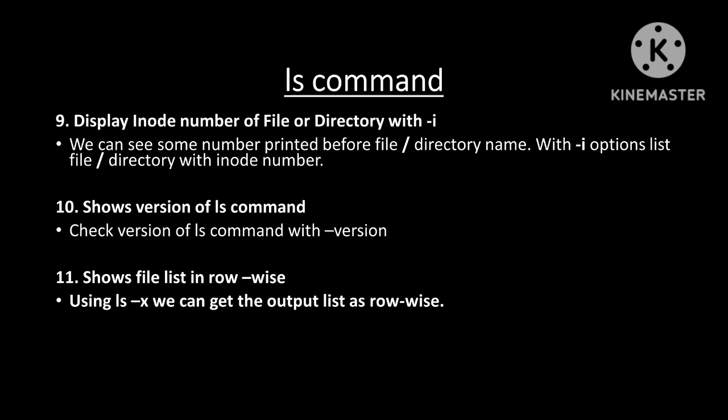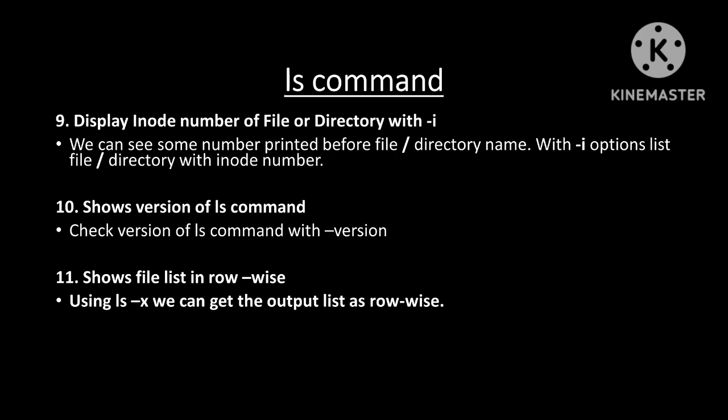Then number 9, display the inode number of a file or directory with -i. So if we give ls -i, then it will provide the inode number of that file and directory. Then if you want to see the latest version of the ls command, then you have to write ls --version.